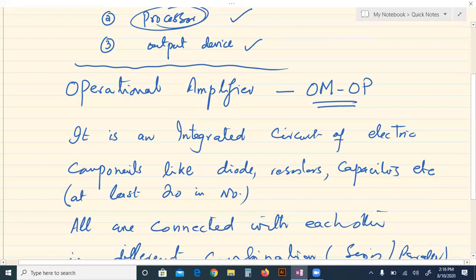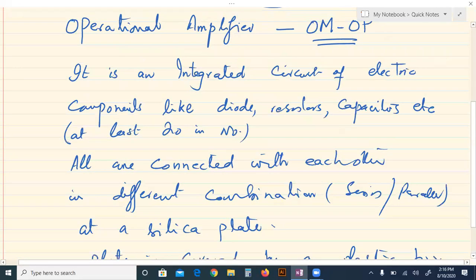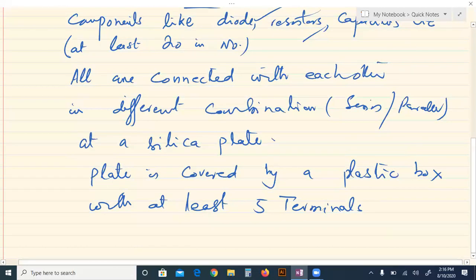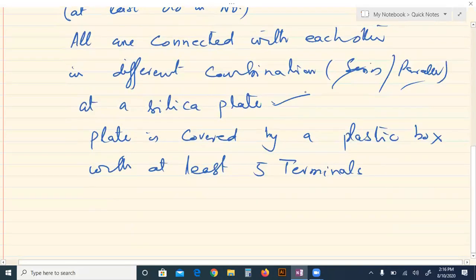Now look, this operational amplifier, op-amp, is an integrated circuit of electric components like diode, resistors, capacitor. At least they are 20 in number, and they can be more than 20. All are connected with each other in different combinations like series and parallel on a silica plate. The plate is covered in a plastic box with at least 5 terminals.